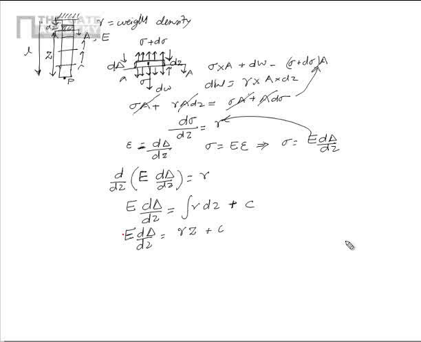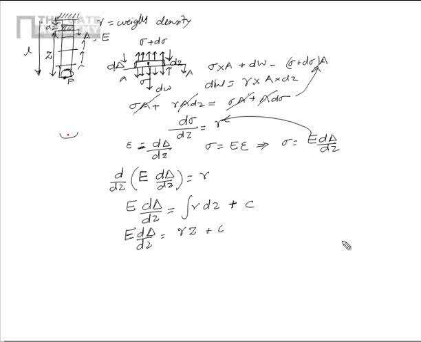Now to find out the value of c, we say that at z is equal to 0, which means at the bottommost point P, there is no load acting there. So there is no strain at that location, because there is no force acting.